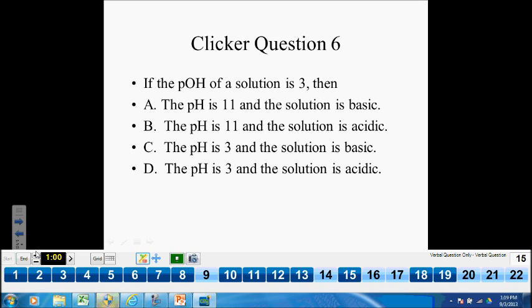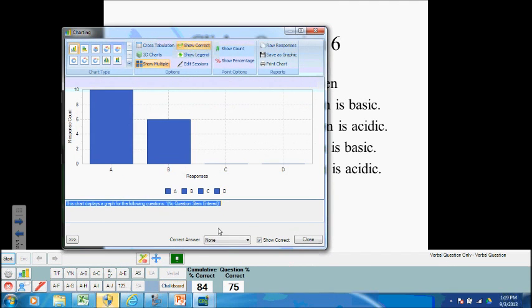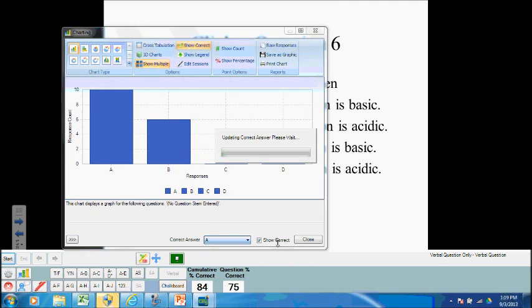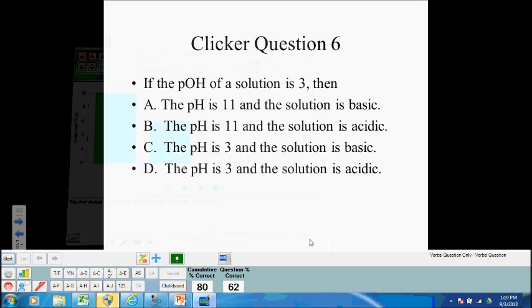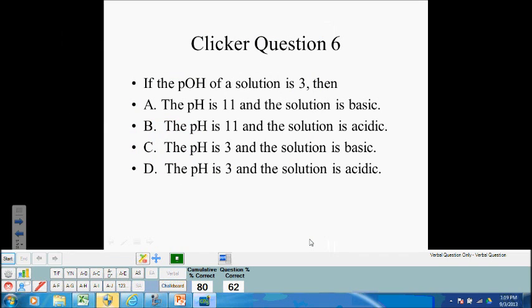All right, everybody in? Don't share. All right, the answer to that one is A, all right? They have to add up to be 14, but the pH is above 7, so it's a base.